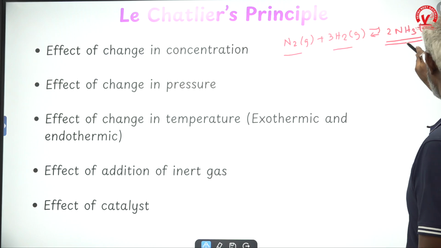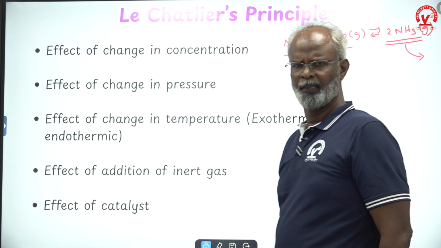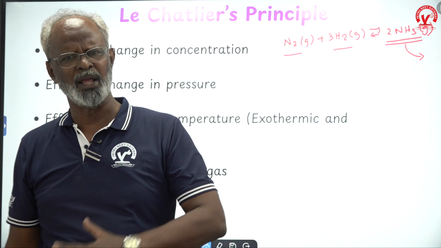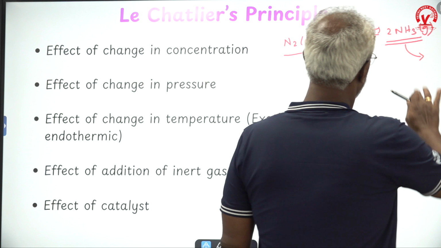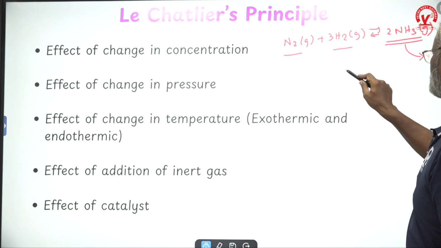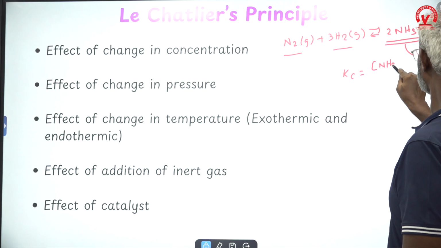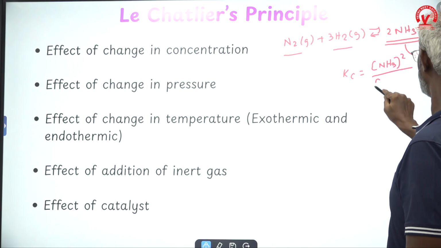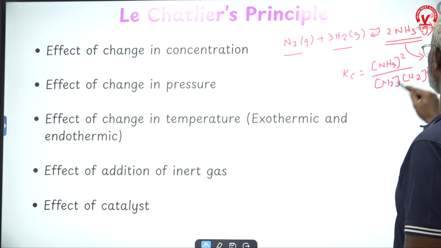If you keep liquefying ammonia and keep removing ammonia from the system, that means I am reducing the concentration of the product. So Kc is NH3 power 2 by N2 H2 power 3.